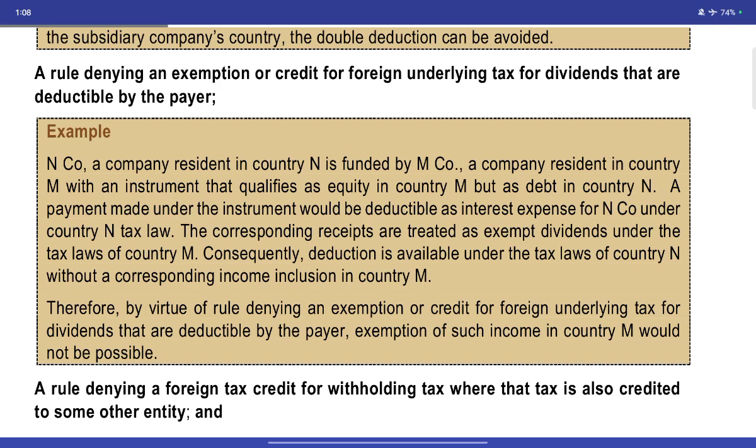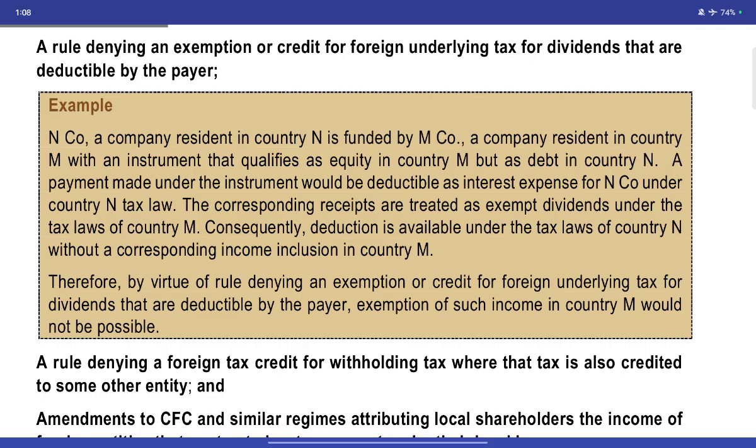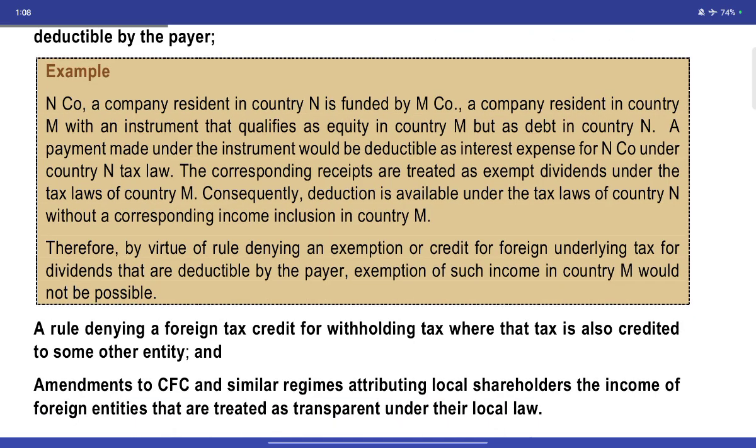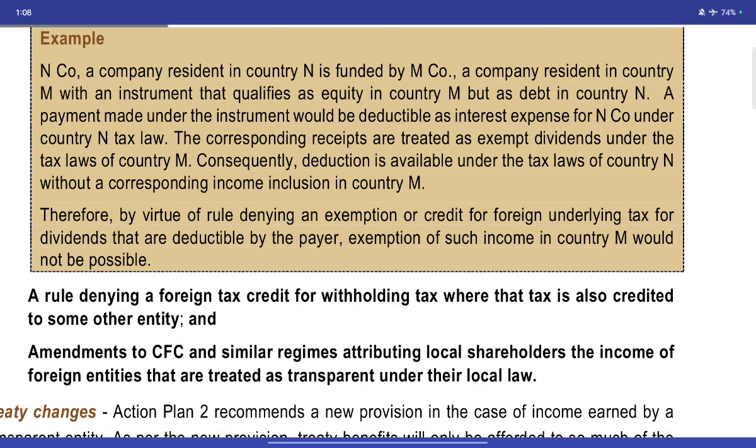credit of foreign underlying tax on dividends that are a deduction for the taxpayer. For example, N company is a company resident in country N. N is funded by M, a company resident in country M, with an instrument that qualifies the entity in country M as having a debt in country N. The payment made under the instrument should be deducted as an interest expense in N company under country N tax law.